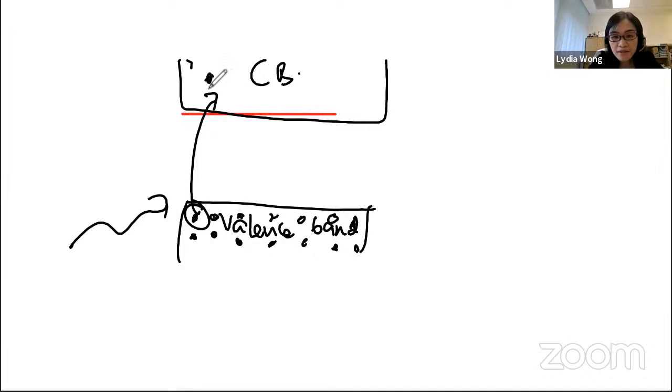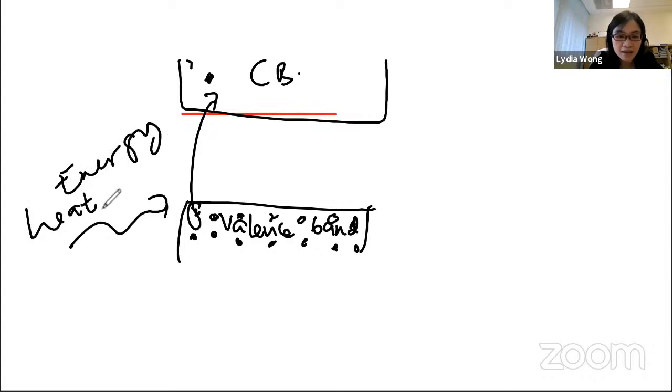When one electron is excited to the conduction band, it will leave behind a hole. This external energy can be heat, and it can also be light or photons.